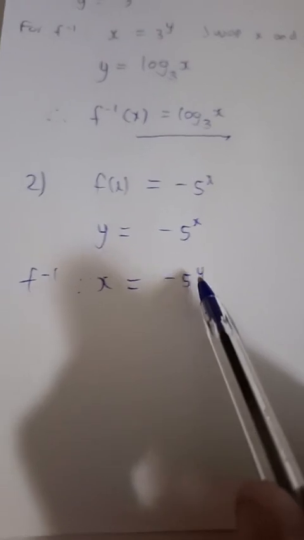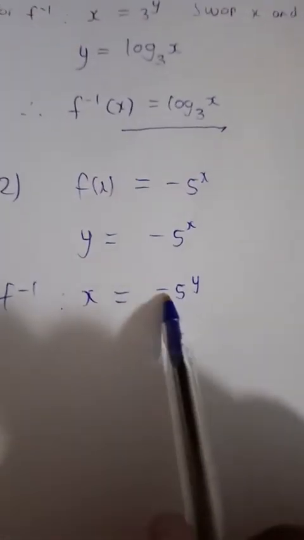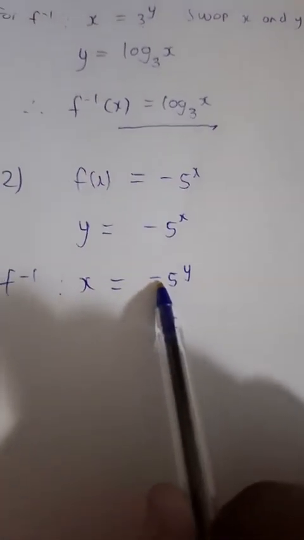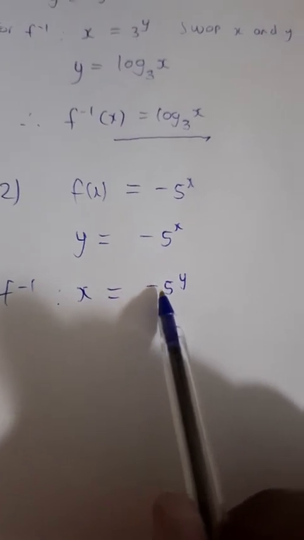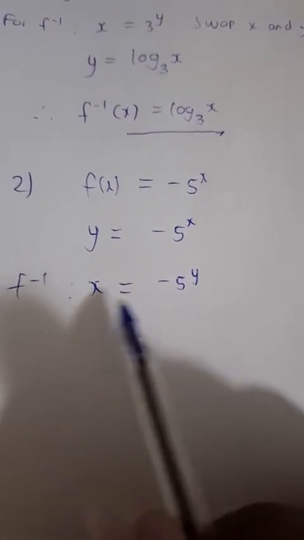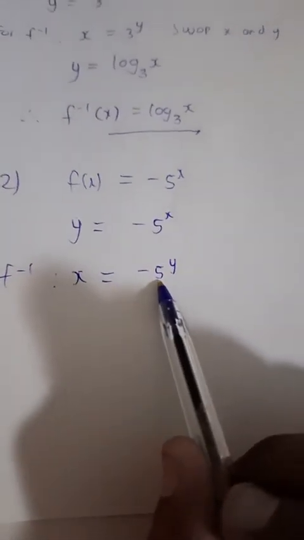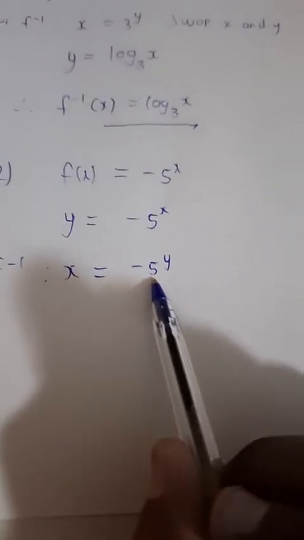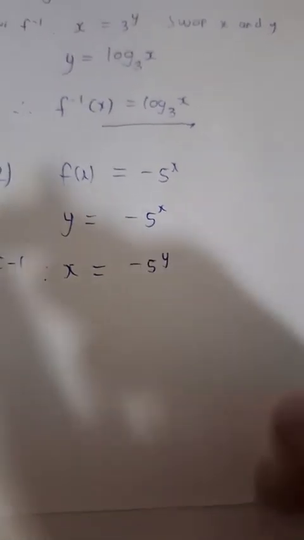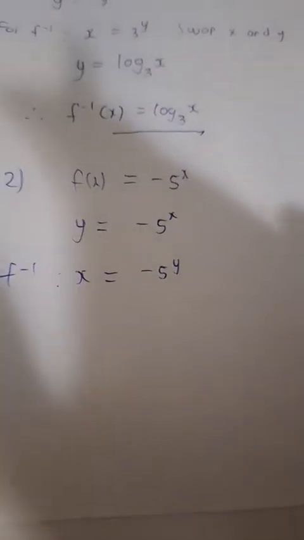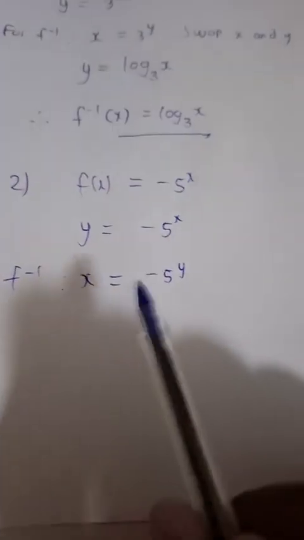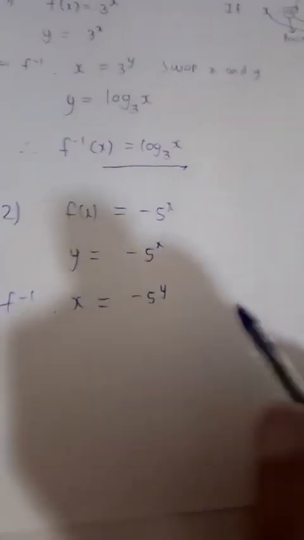Now what we are going to do is divide both sides by a negative. The reason is that we do not want our base to be a negative. So we divide both sides by negative.